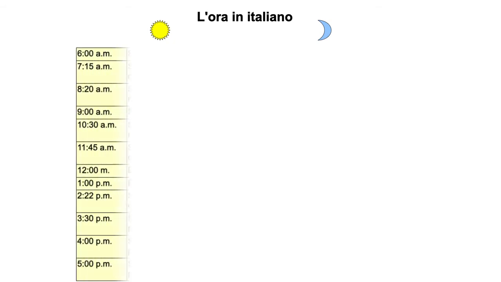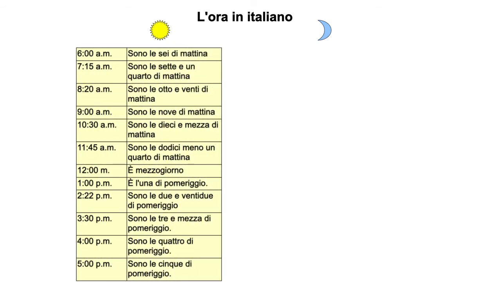Okay? So let's start at 6. That's what we have at the top left corner, right? How would you answer the question, che ora è or che ore sono if it's 6 a.m. in the morning? Well, the answer is sono le sei di mattina.